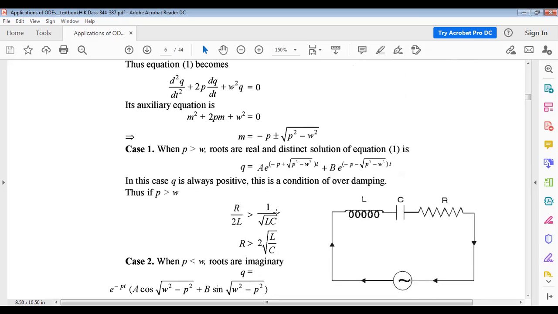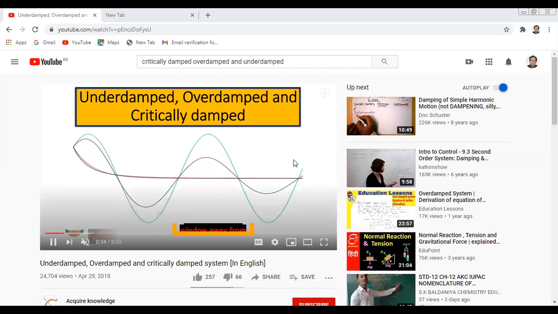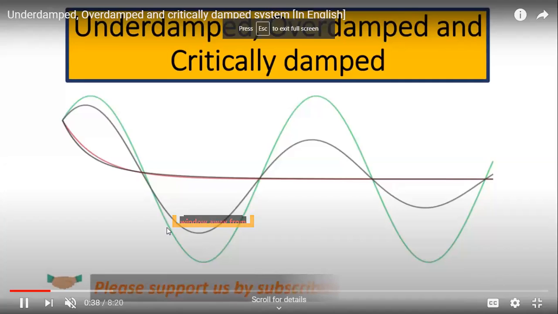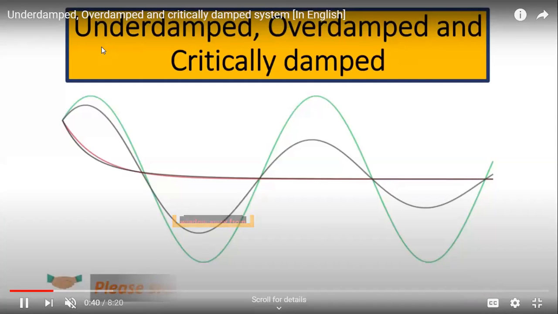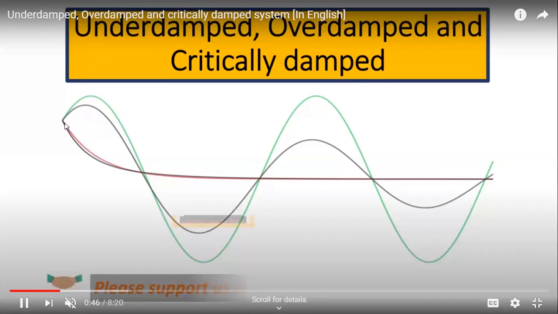Very easy for you, but a very important example. Actually, under damped, over damped, and critically damped, this is the figure.